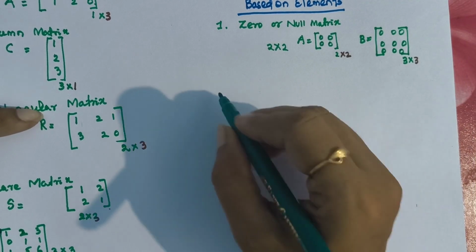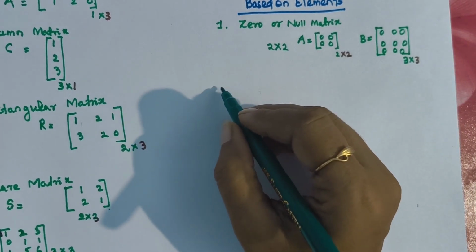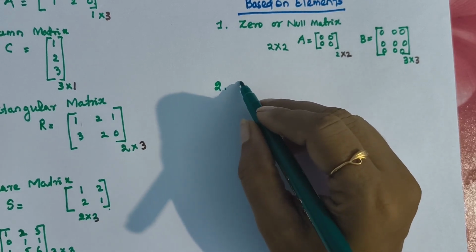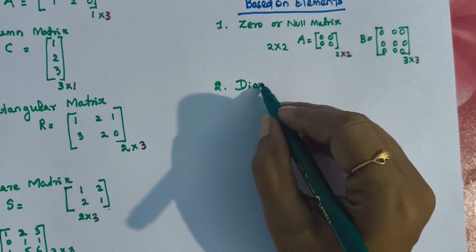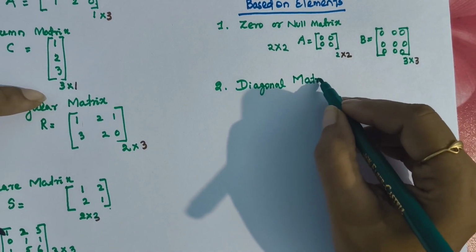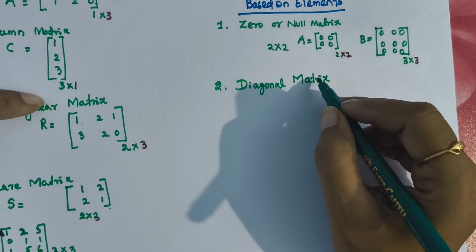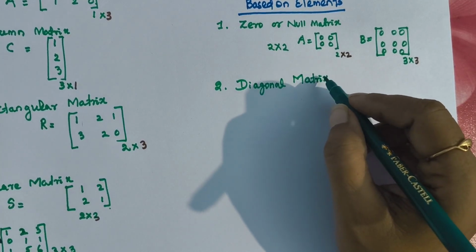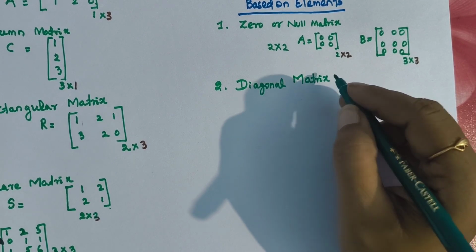Then the next one is our diagonal matrix. A diagonal matrix is one in which only the main diagonal elements will be there and the rest of the elements will be 0.